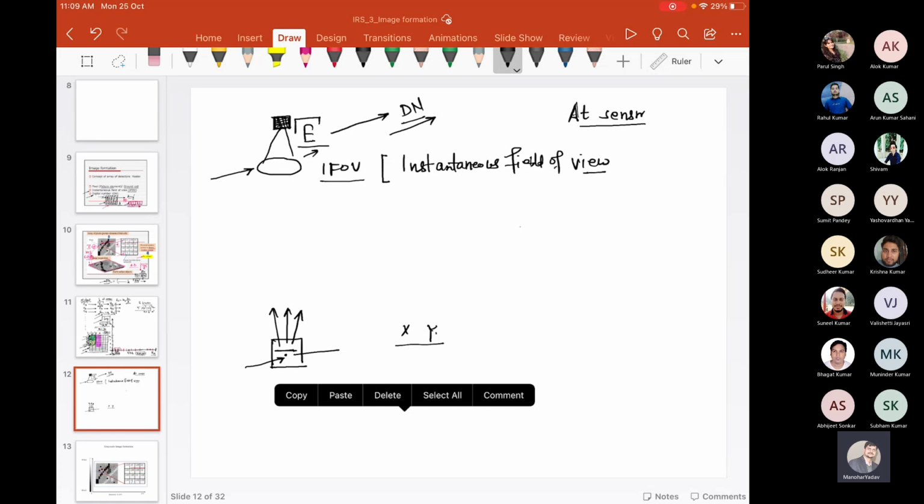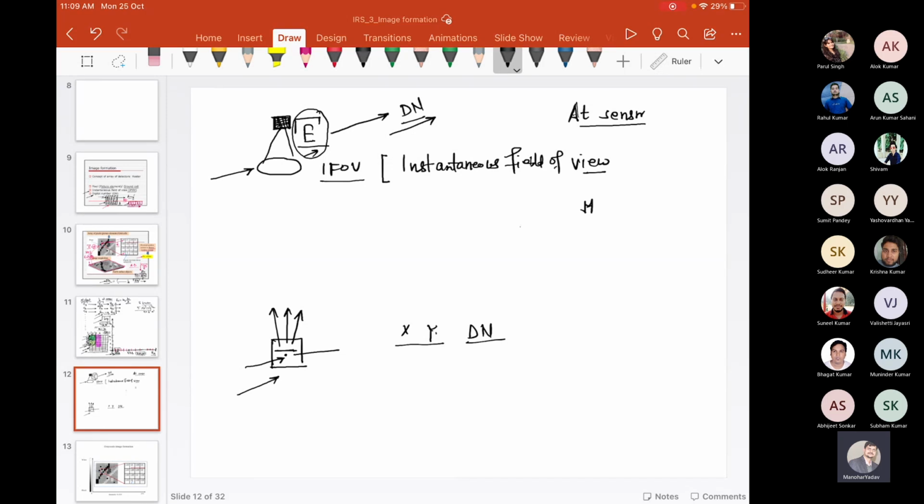And corresponding to this XY location, there is a DN number. That DN number is generated corresponding to the total energy that is sensed from that particular ground resolution cell.